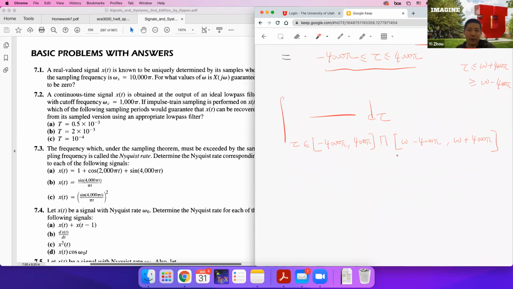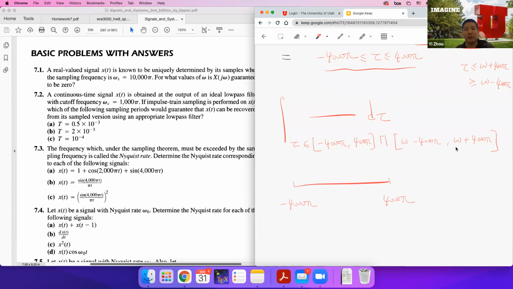It is possible that they have an empty intersection, and in that case the integration will become 0. So we are only interested in the case where these two intervals have a non-empty intersection. The first interval is fixed, from negative 4,000 pi to 4,000 pi.